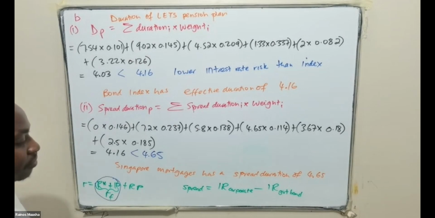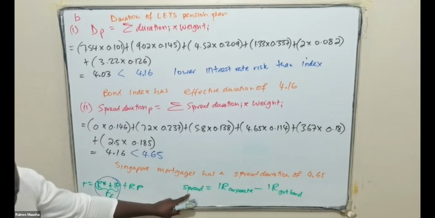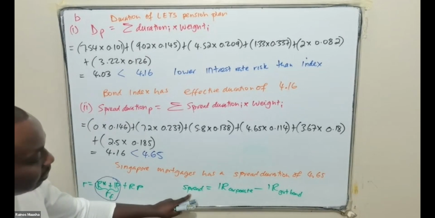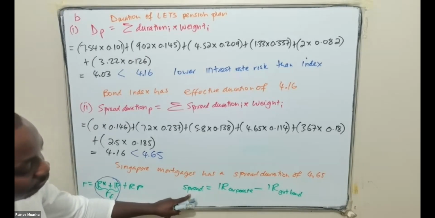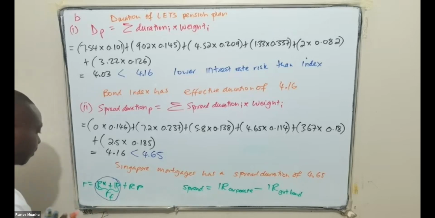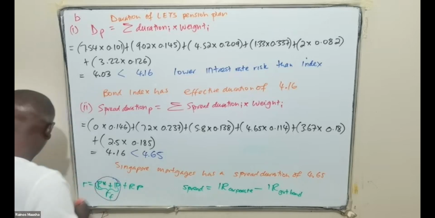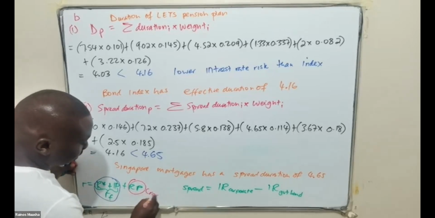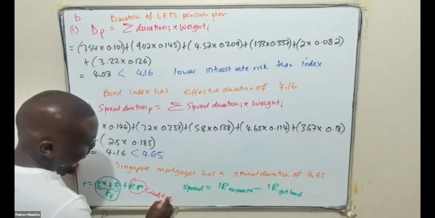So what does that mean? It means this spread, the difference between the interest rate on corporate bonds and government bonds, is also indicating how much credit risk there is, because this risk premium is explained by the credit risk.